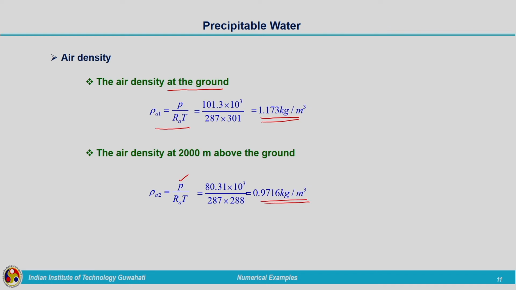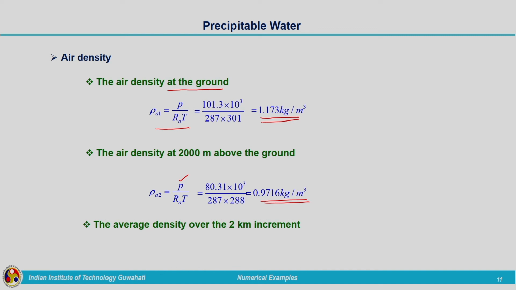So, you can understand air density rho A1 and rho A2, look at the values. At the ground surface it is 1.173 kilogram per meter cube, and at an elevation of 2000 meters it is lighter, that is it is coming out to be 0.9716 kilogram per meter cube. So, as we go to higher elevation, the density reduces.